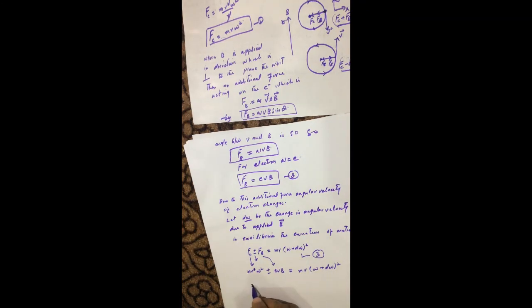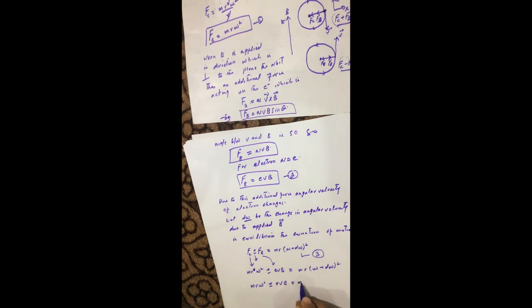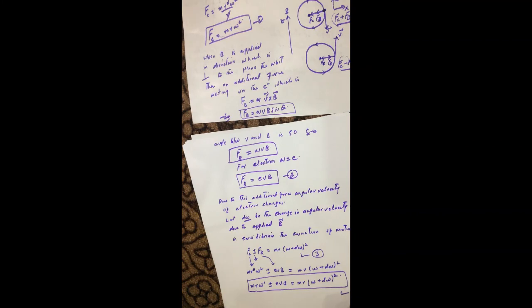I can write it as m r omega square plus or minus EVB, which is equal to m r (omega plus d omega) whole square. This is the final equation of motion, and I call it equation number 4.